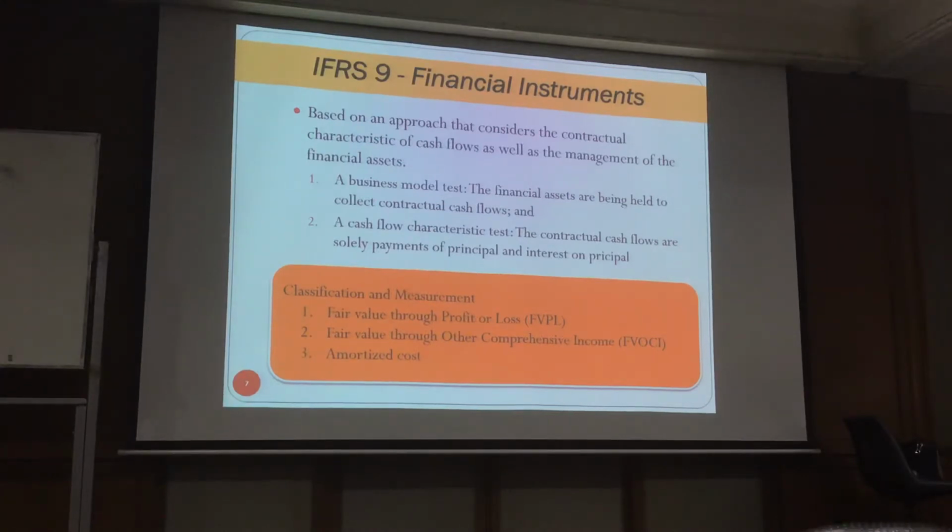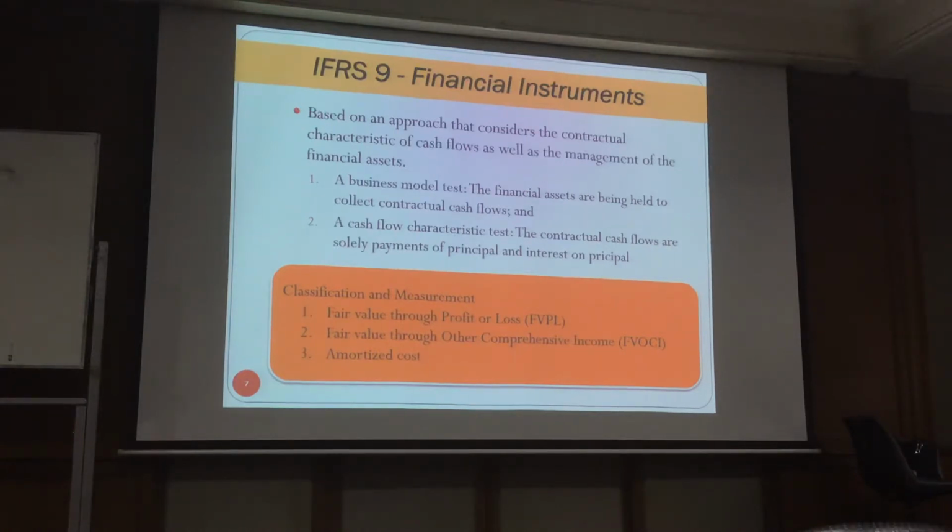If the business model test says the financial asset, which is your investment, is held to collect the cash flow, I would say yes. After we pass yes, now check the second test, which is the cash flow test. Do we have to collect both principal and interest on the principal?